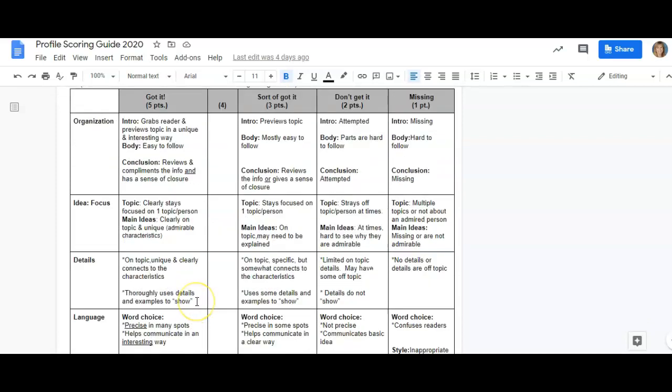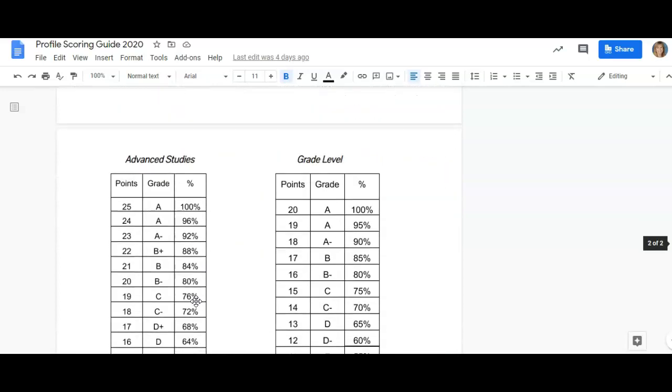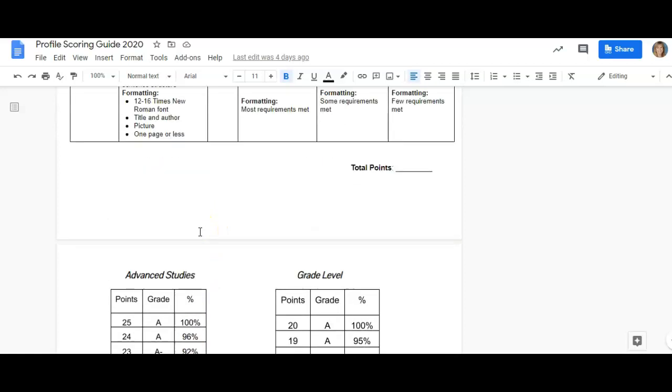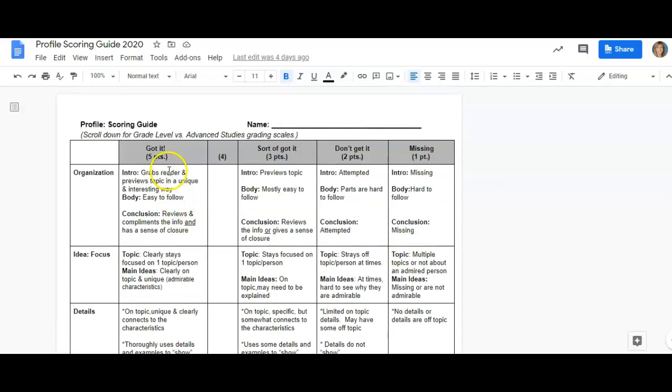So the other thing you should know, if you are enrolled in the Advanced Studies course, this is going to be a paper out of 25 points. If you are enrolled in the grade level course, this paper is worth 20 points. And this is the grading scale. What that means is if you are in advanced studies, in order to get an A, you are shooting for the 5s straight down the column.